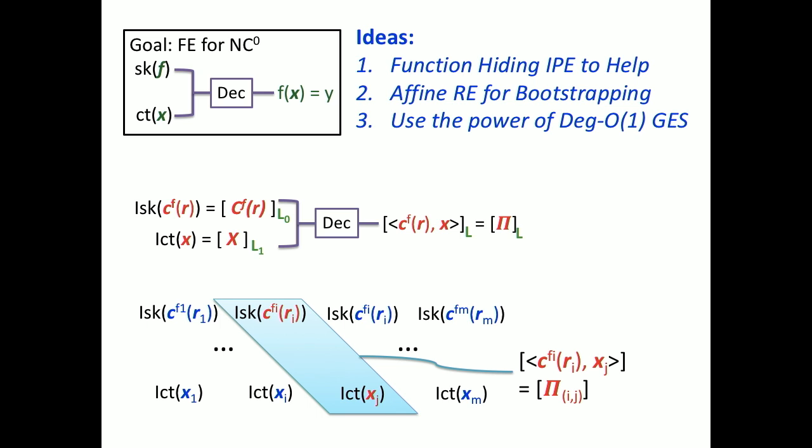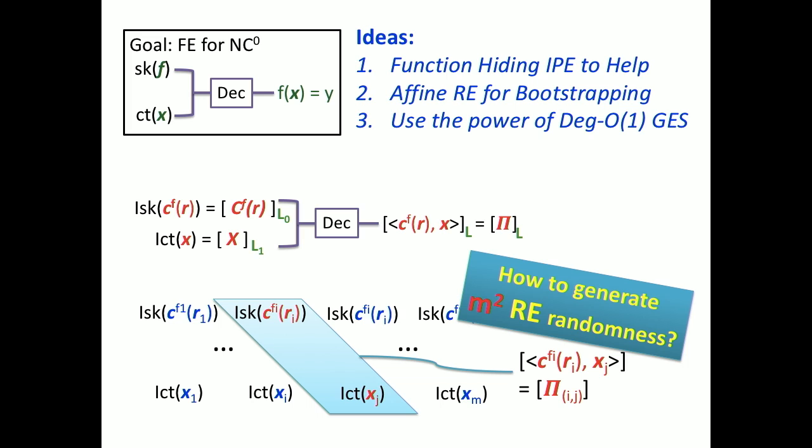In particular, I will call that inner product the randomized encoding for function fi evaluated on input xj, and I call it pi ij. So I need m square pieces of randomness to generate all those m square randomized encodings, but I only have space m. Why? There are m ciphertexts and m secret keys.